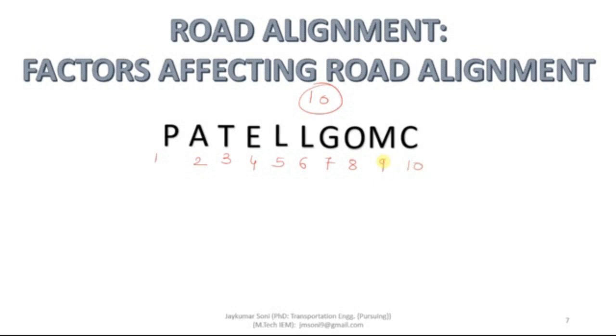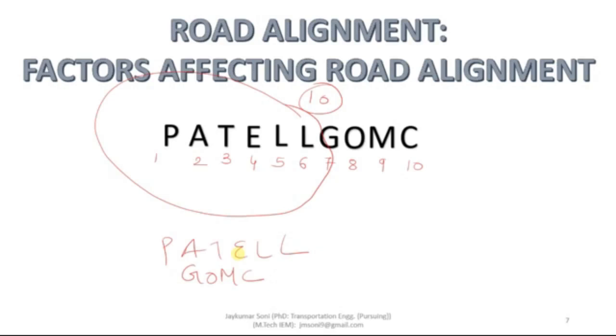So this is the key through which you can remember the particular factors affecting road alignment. It is this: PATEL, that is Patel, GOMC. Now let us learn in depth the full forms of these acronyms or shortcut keys.